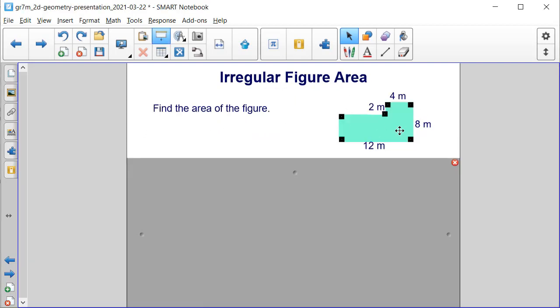Let's revisit this example and find the area of the figure using method 2. And remember, method number 2 talks about extending the outside shape to create a bigger shape. So we're going to extend this horizontal line at the top all the way across and extend this left side up to create one big rectangle.